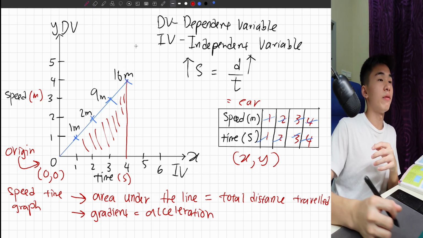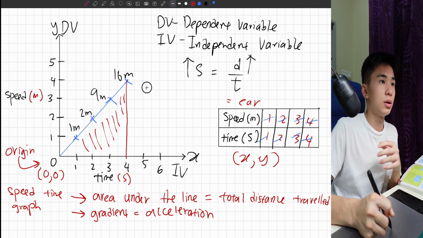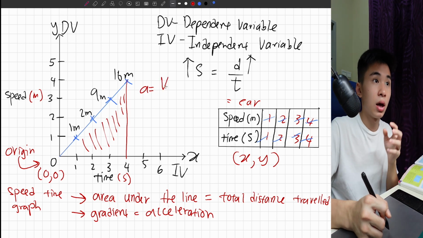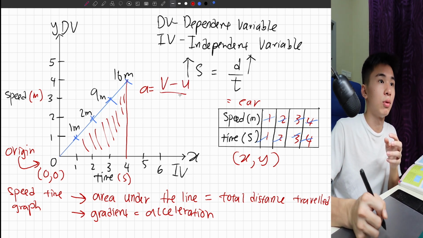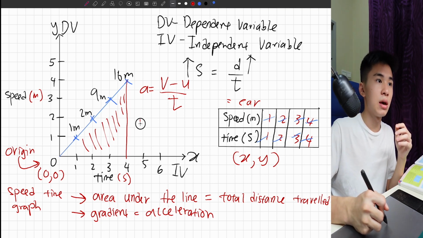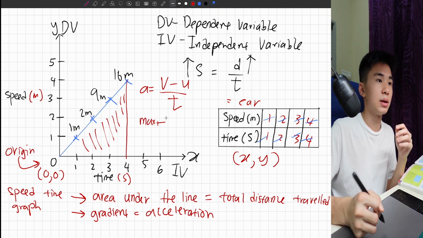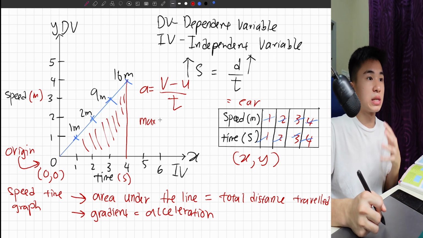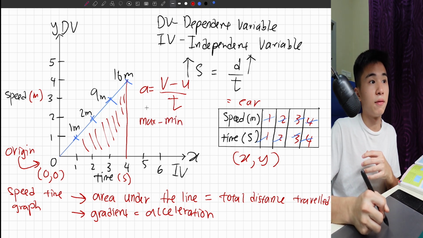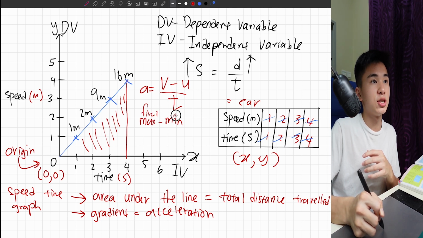So the formula of acceleration is going to be a equals v, which is the final speed, minus the initial speed, over the time. Okay, so if you want to find the change of something, it is always maximum minus minimum, which means the final minus initial.